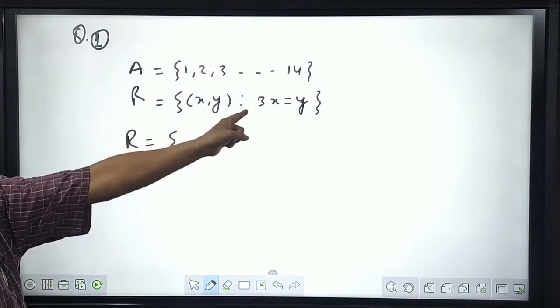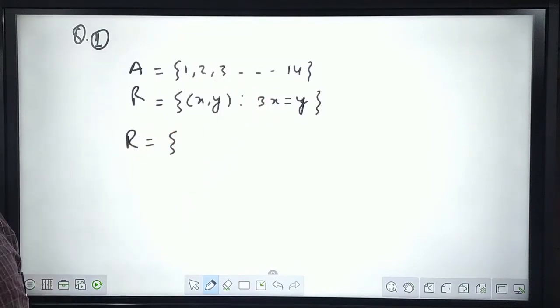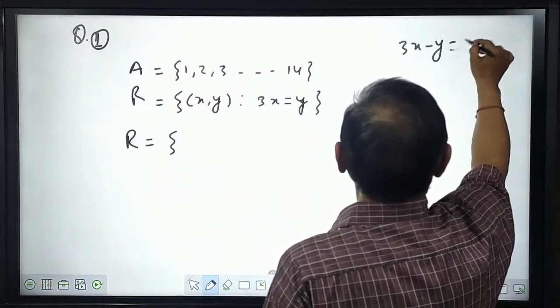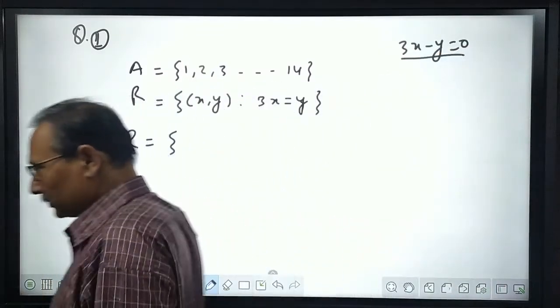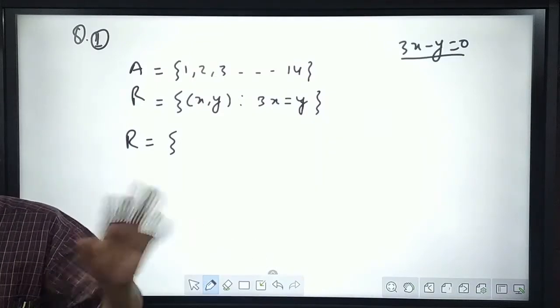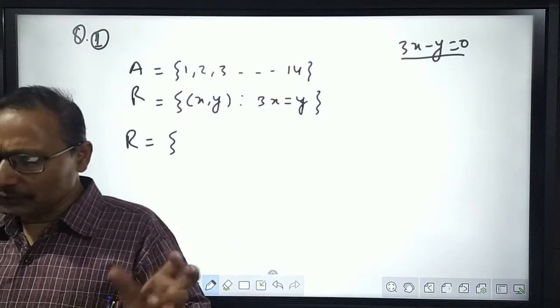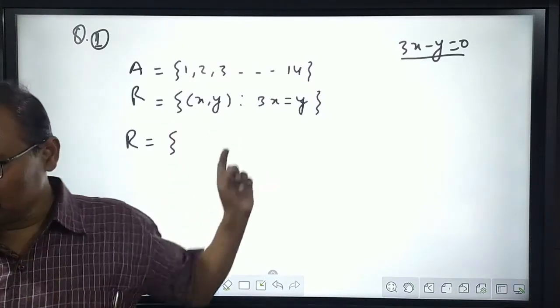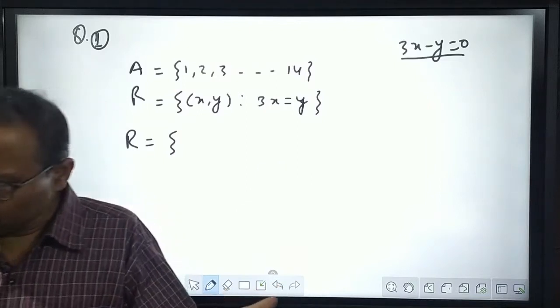In the question it is written 3x minus y is equal to 0, so we can write 3x is equal to y. And if 3x is equal to y, it means that the second element of the pair is 3 times the first element. So it is very simple.